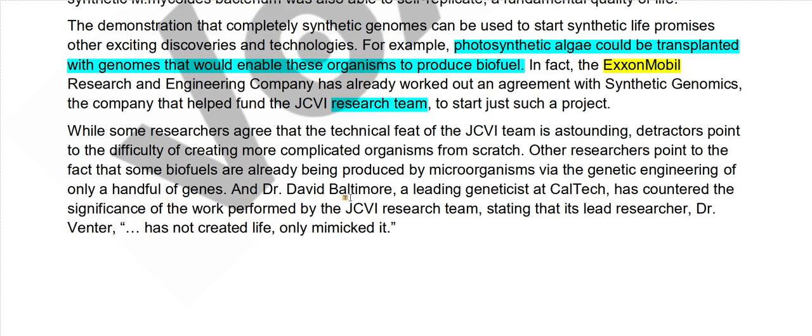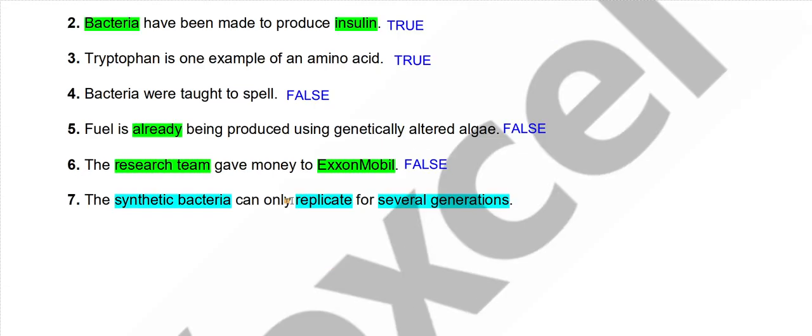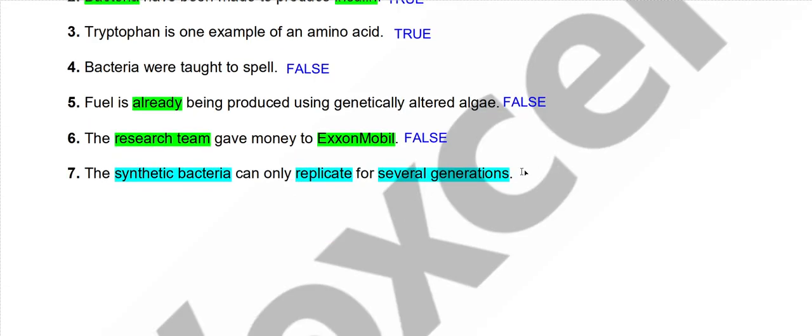And Dr. David Baltimore, a leading geneticist at Caltech, has countered the significance of the work performed by the JCVI research team, stating that its lead researcher Dr. Venter has not created life, only mimicked it." There is no information about replication or for how many generations they can replicate. Because of that, we will say the answer should be not given.